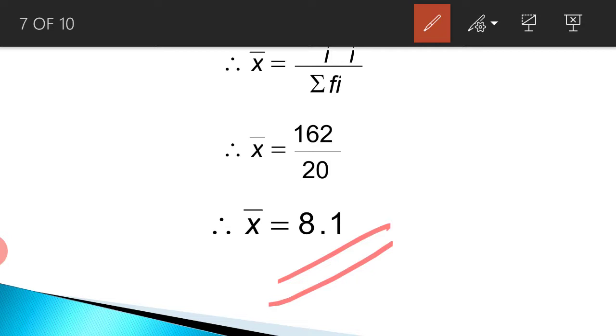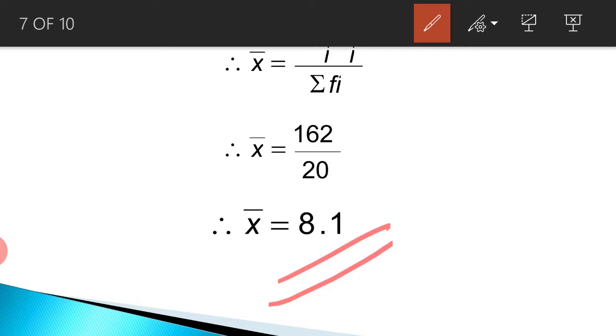But when we talk about group data, now we are assuming that the class mark is the representative value, but it may not be necessary. If we are talking about a 10 to 20 interval, then you may find that more values are close to 10.